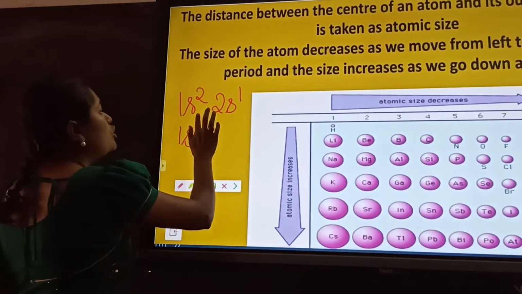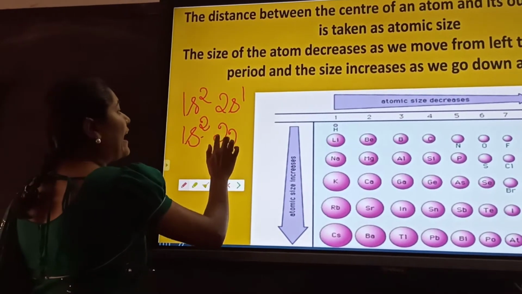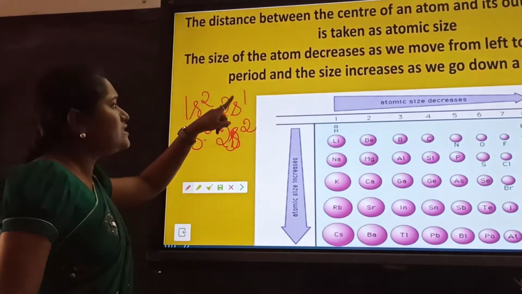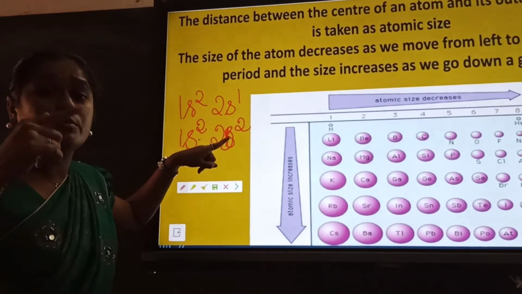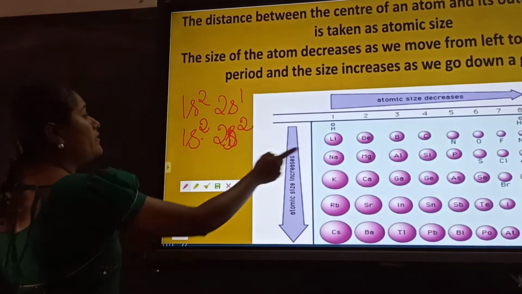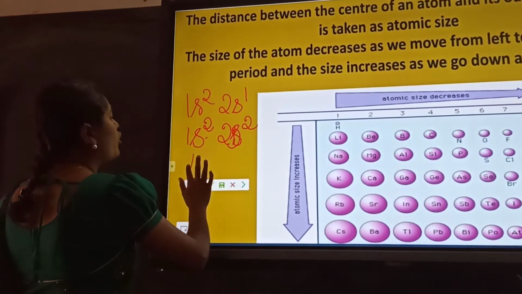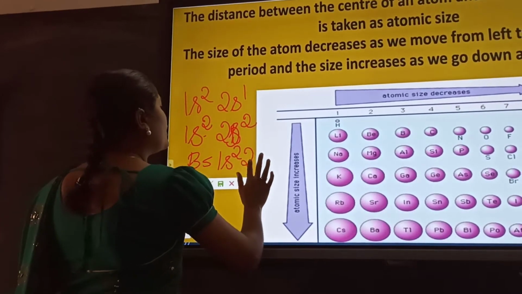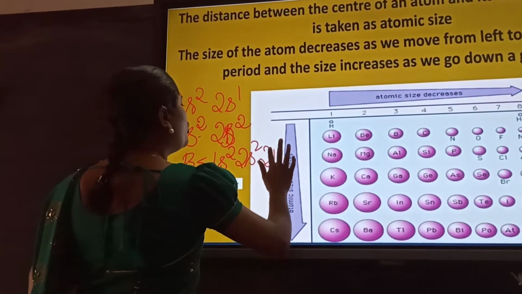Atomic number 4, so I write 1s2 and 2s2. To that same shell, you can see one more electron has been added. If I take boron, you have 1s2, 2s2 and 2p1.